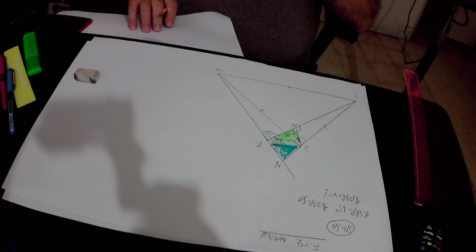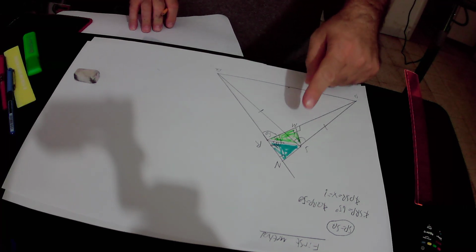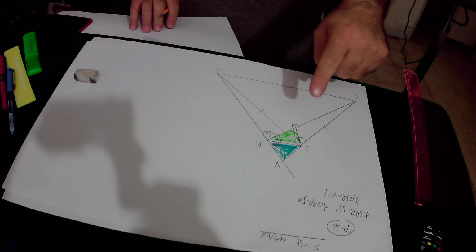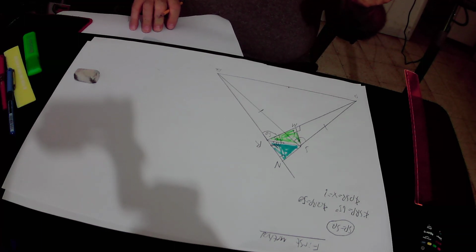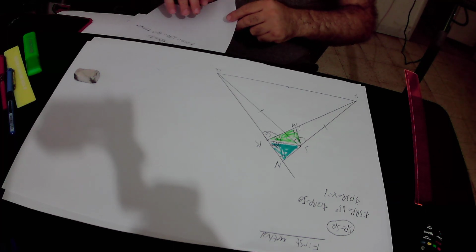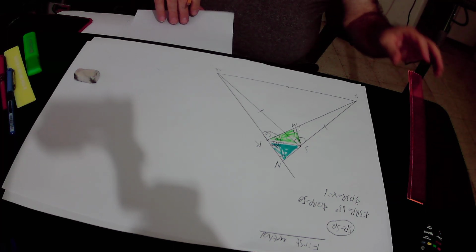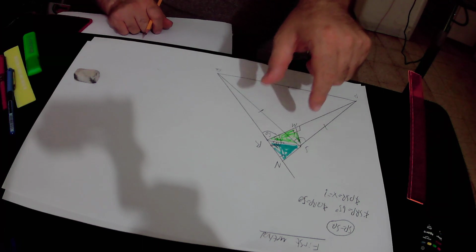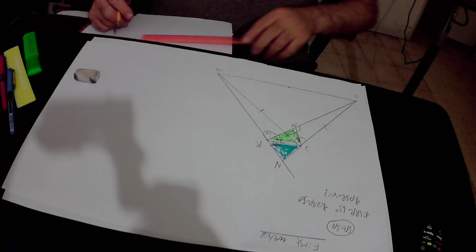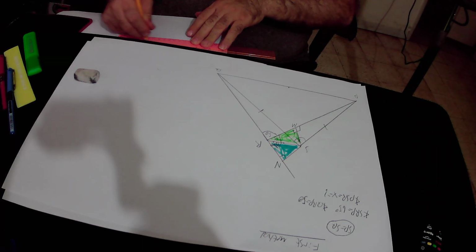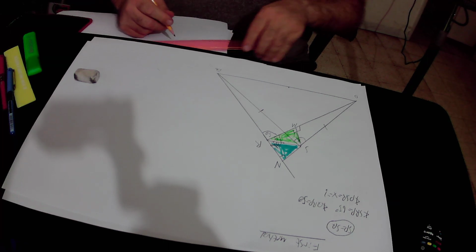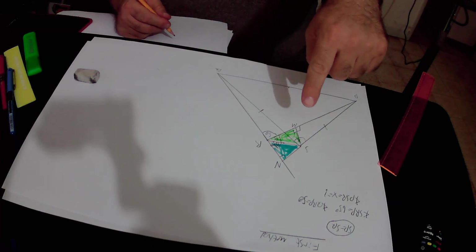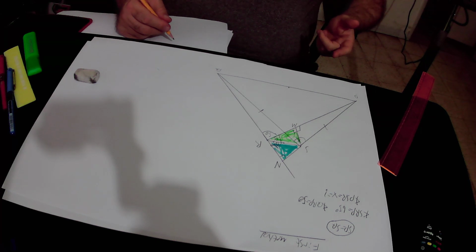Okay, so we actually found out that the three angles of the green triangle are correspondingly equal to the three angles of the blue triangle. And we also have a common side that belongs to both triangles. So we actually proved that the green triangle is congruent to the blue triangle.